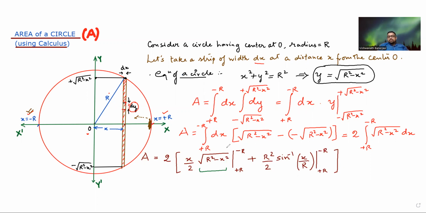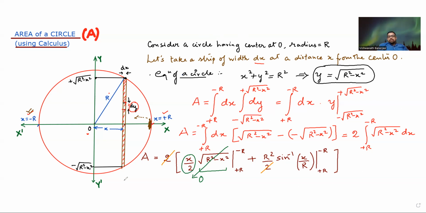So the entire first term, including this x by 2 getting multiplied by the same, goes to 0. This does not contribute. Now our only job left is to evaluate the second part. Clearly, as you can see, once the first term goes to 0, this 2 cancels with this 2.